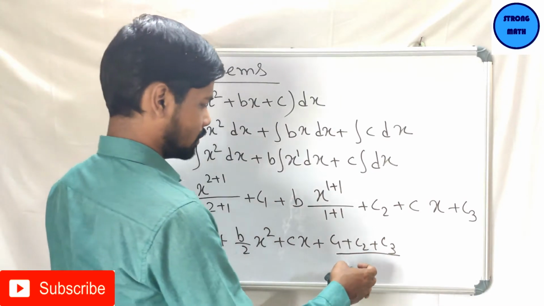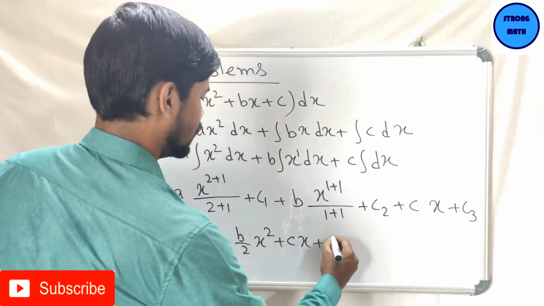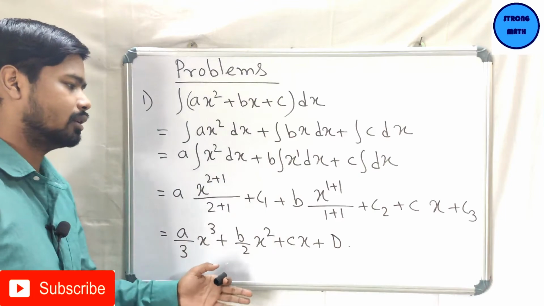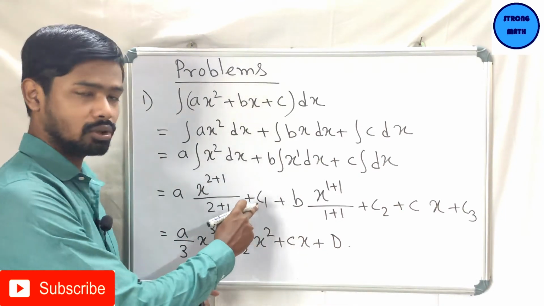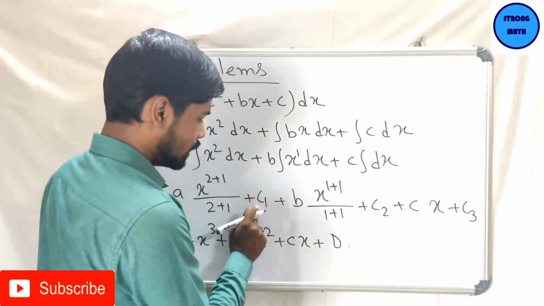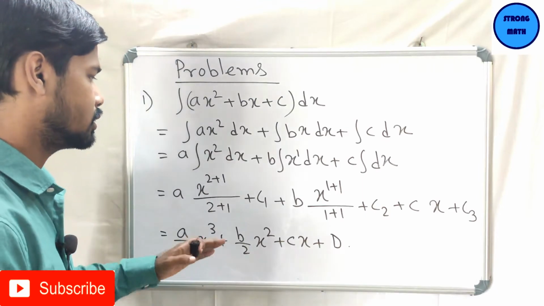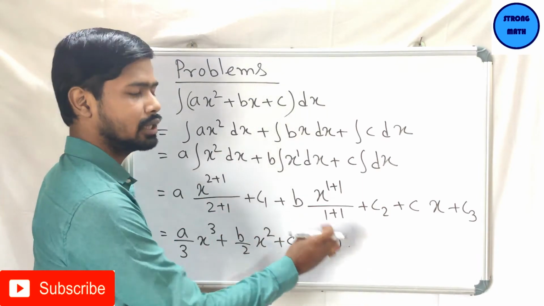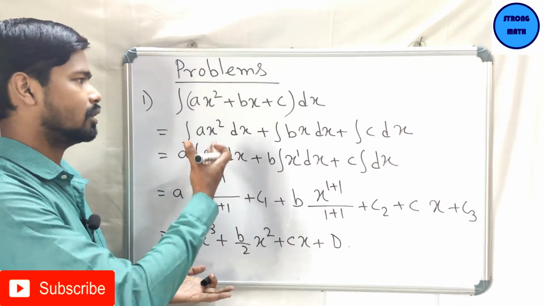Instead of them we can write another constant d. So after calculating all the integration, we may write a single constant. It is not necessary to write the integrating constant in every integral. So this is the process of finding the integration of this function.